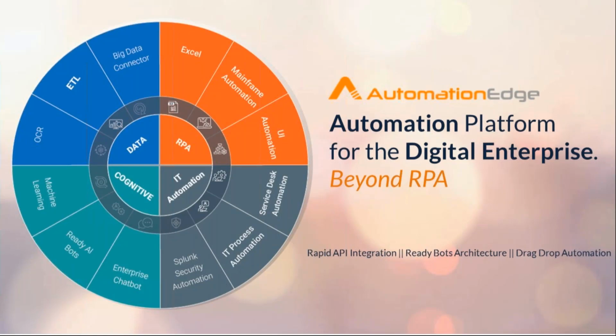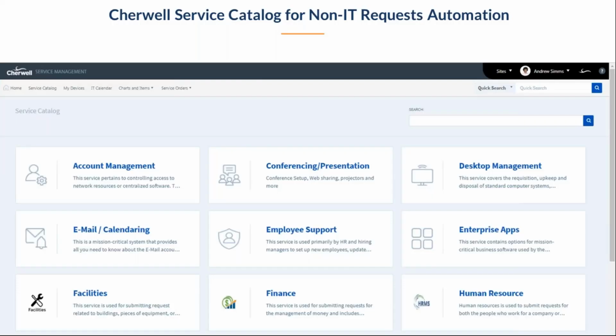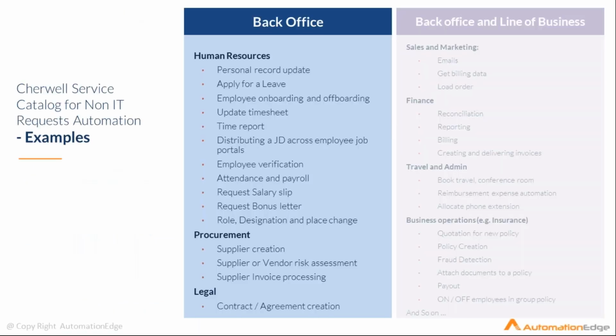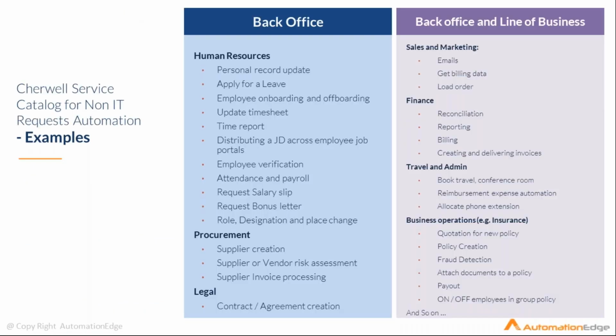So this is how a catalog looks for you in Cherwell, and you can extend it beyond IT for non-IT requests. Let us look at some of these requests which are for different departments and can be good candidates for automation. For example, updating a timesheet. It's a very boring, time-consuming and mundane task where employees spend a lot of time going to an ERP or timesheet application, going to different screens and entering the information.